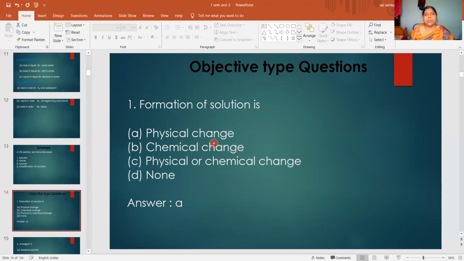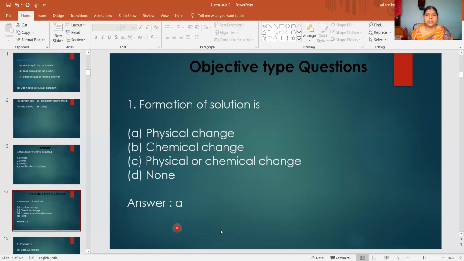The first one, formation of solution is A, physical change; B, chemical change; C, physical or chemical change; D, none. So what is the answer? Formation of a solution is a physical change.